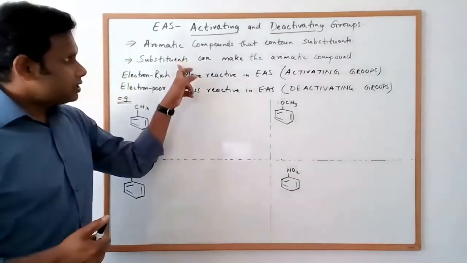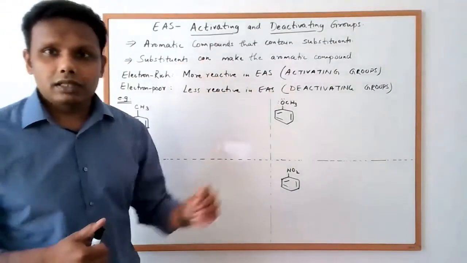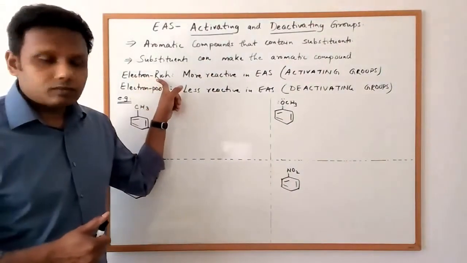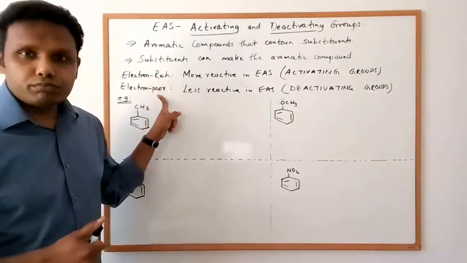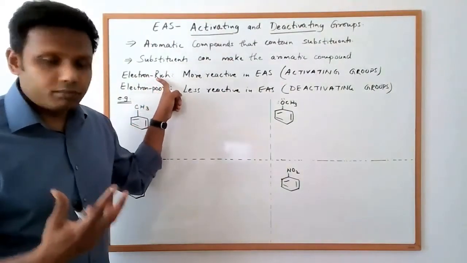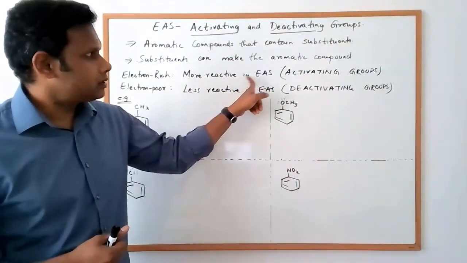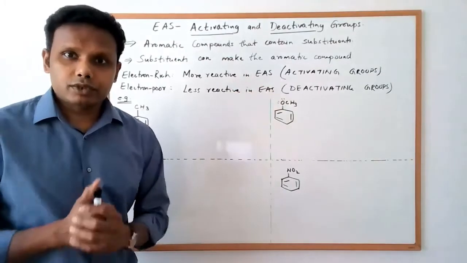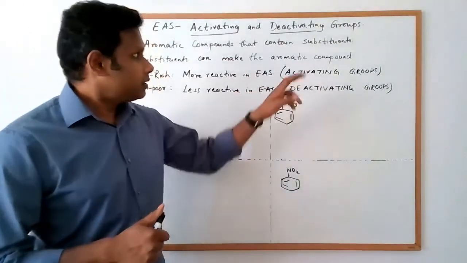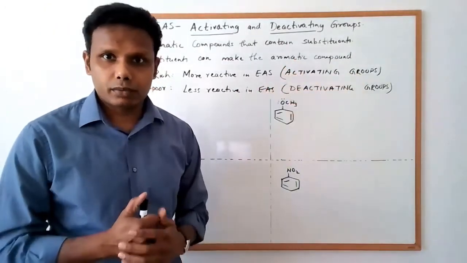So the substituent on an aromatic compound can make the aromatic compound electron rich or electron poor. Now, when the aromatic ring becomes electron rich, then it's going to be more reactive in the electrophilic aromatic substitution reaction. And in this particular case, the substituent is referred to as an activating group.